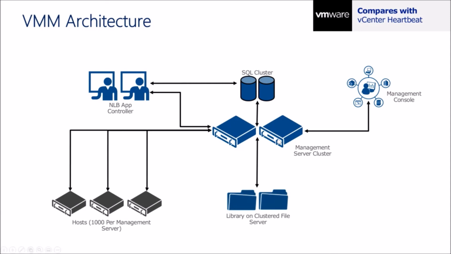So what we can do is load balance with clustering. Failover clustering, so this is not the Hyper-V failover clustering now. This is the Microsoft clustering, and we can cluster the SQL, the VMM, the library, even the App Controller. So there's no single point of failure, and this compares to the vCenter Heartbeat.